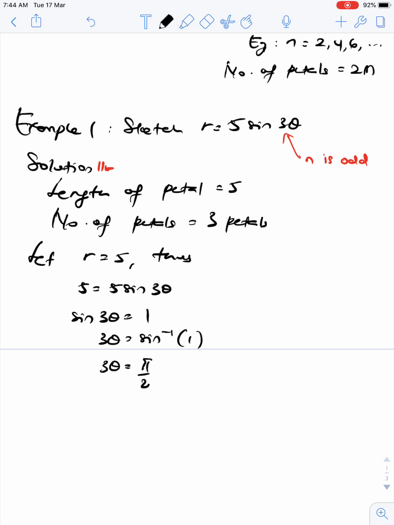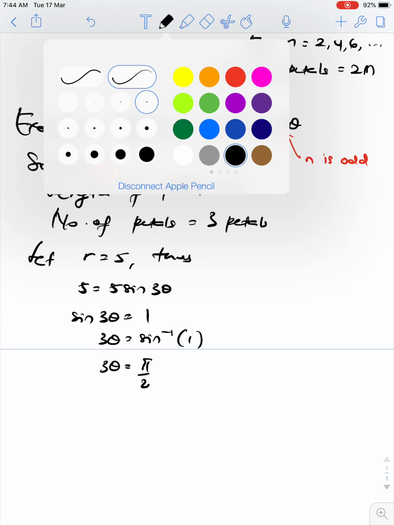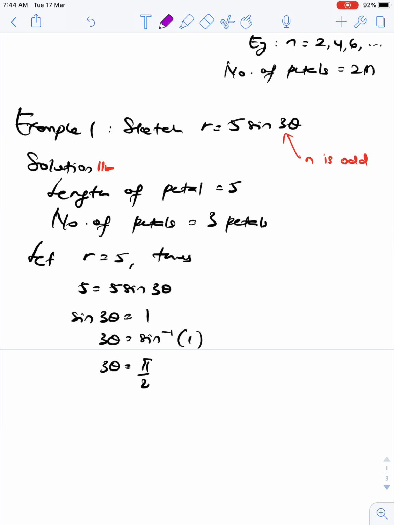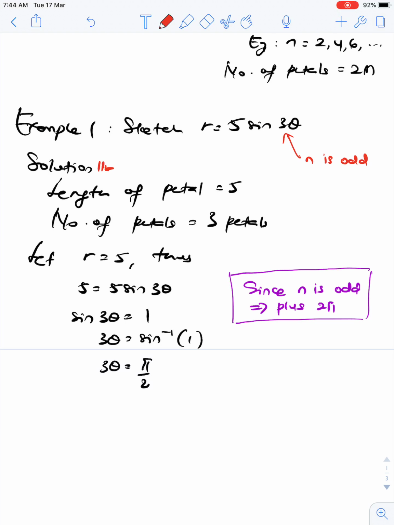So I'll give you a short note here. Since n is odd, we have to add 2 pi. So this is the short note. Right now we want to find the location of the 3 petals, so we need to find 3 angles.